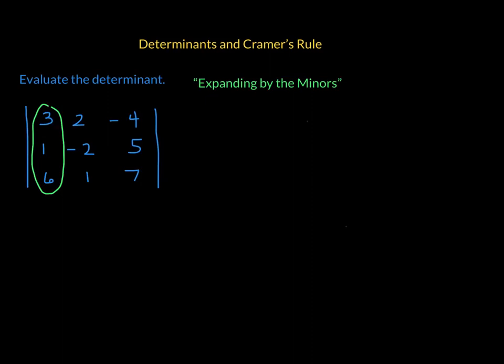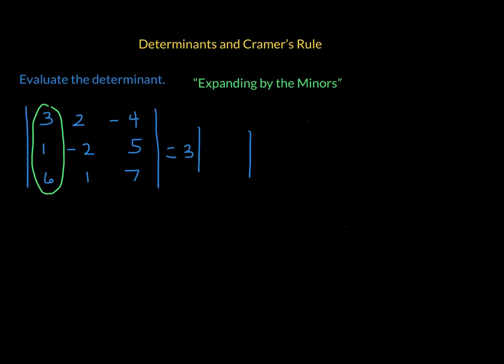So in other words, it will be equal to 3 times the determinant of the 2 by 2 matrix found by eliminating the row and the column containing 3. So it'll be the determinant of this 2 by 2 matrix, negative 2, 5, 1, 7.